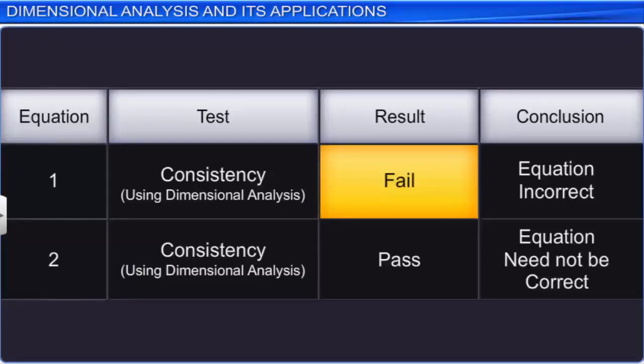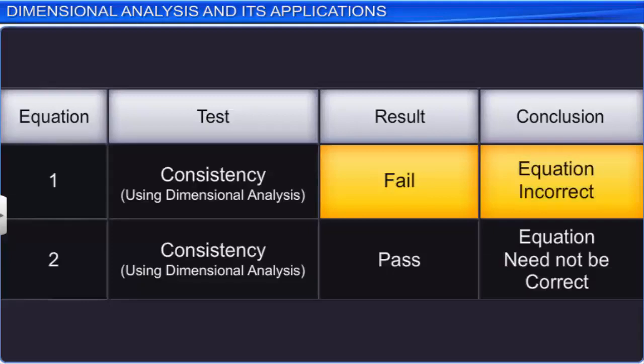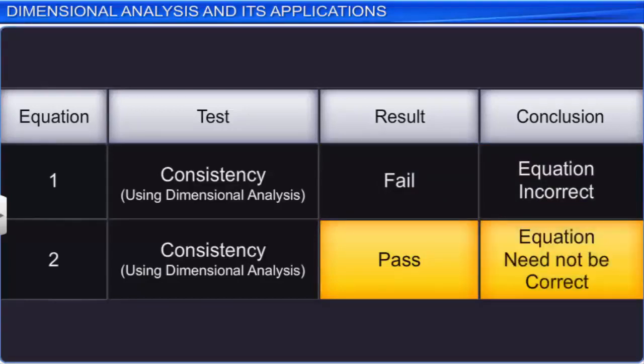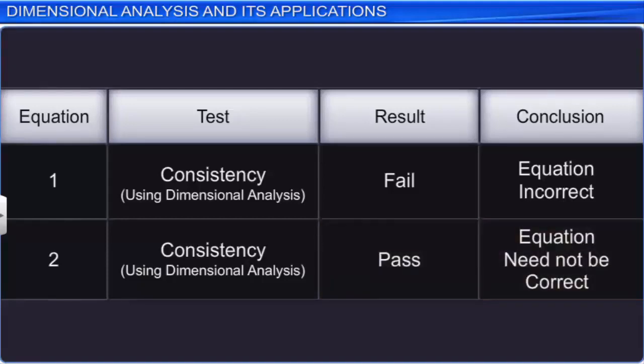If the equation passes the consistency test, it does not mean that the equation is correct. Thus, an equation proved to be dimensionally correct need not be an exact equation, but an equation that is proved to be wrong dimensionally must be a wrong equation.